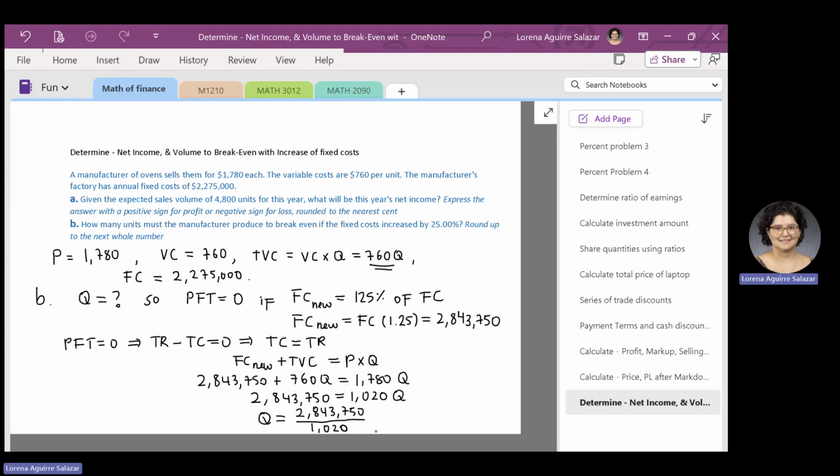And this number is, let's see, 2,787.9901, etc. We can round these off to 2,788 units. So the manufacturer must produce about 2,788 units to break even.